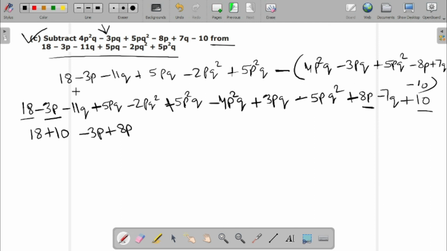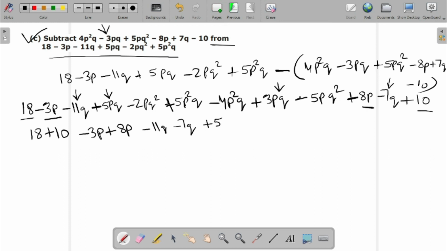Then 11q, then we find q, minus 7q. So we write here minus 11q minus 7q. Then 5pq, this is pq.